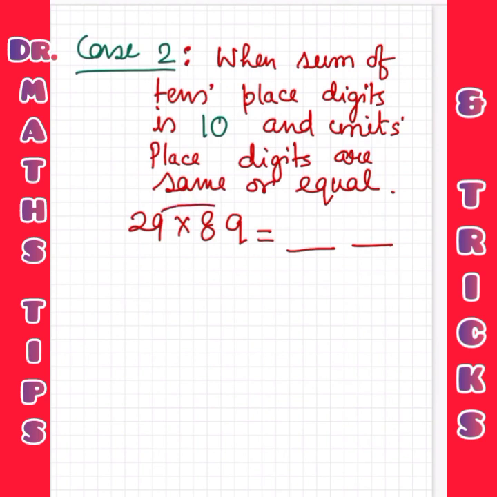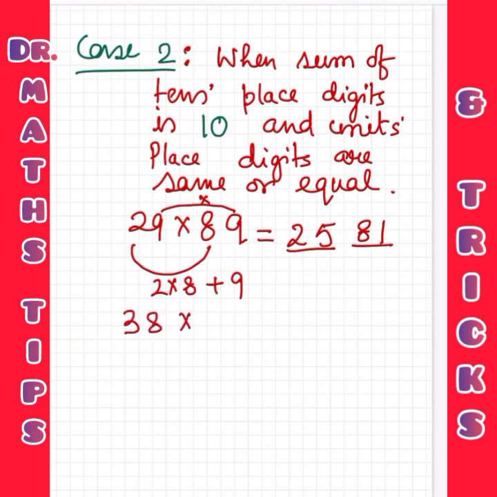Multiply the equal digits, that is 9 into 9, 81. Put it here on the right side. After that we will multiply 2 into 8, that is 16. Now what we will do here, we will add the equal digit, that is 9, to 16, which is equal to 25.